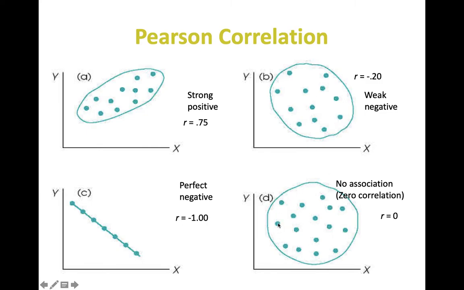Correlation of 0 in this lower right panel, so no association between the two variables, and this is what a perfect negative correlation would look like. So a scatter plot is a way to assess the strength of the relationship between two variables graphically, pictorially.